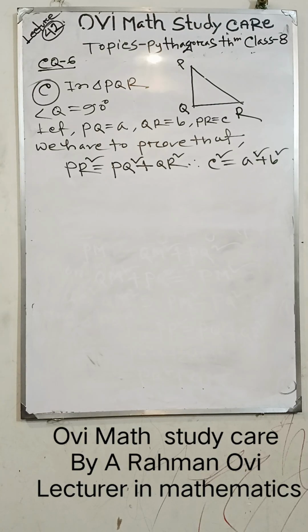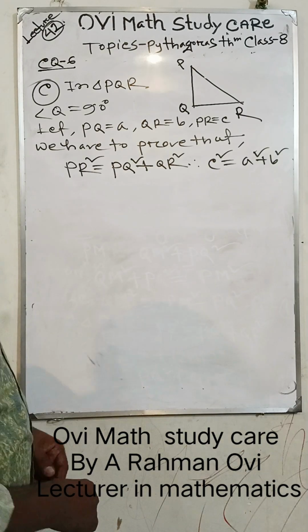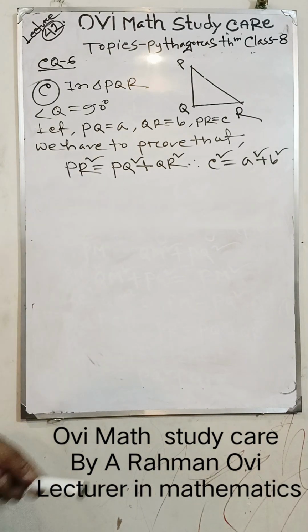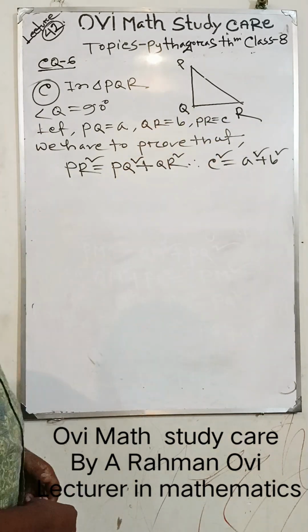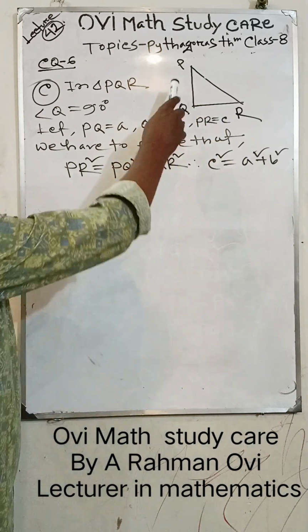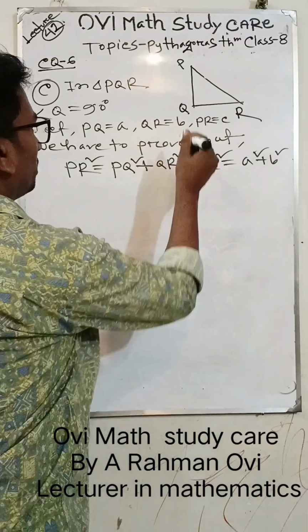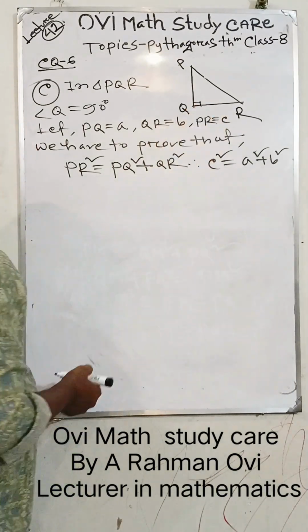The students, question number C, we have to prove the Pythagoras theorem in right angle triangle PQR, where Q is the right angle, 90 degree.